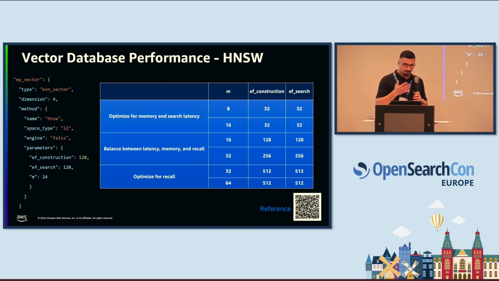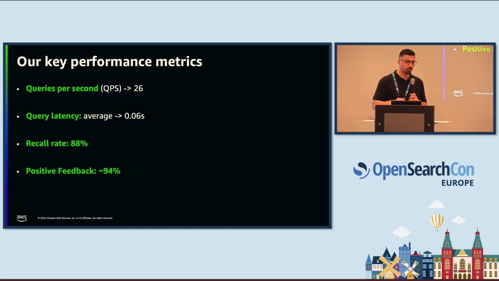After what we optimized, let me give you some key KPIs that we actually measured from our current use case. We are getting around 26 queries per second on a very good day. On a very bad day, there are none, to be honest. That happens too. On weekends, you don't get anything. We have a query latency of around 6 milliseconds, but on top of that we do some re-ranking, and then we show the agent the documents.